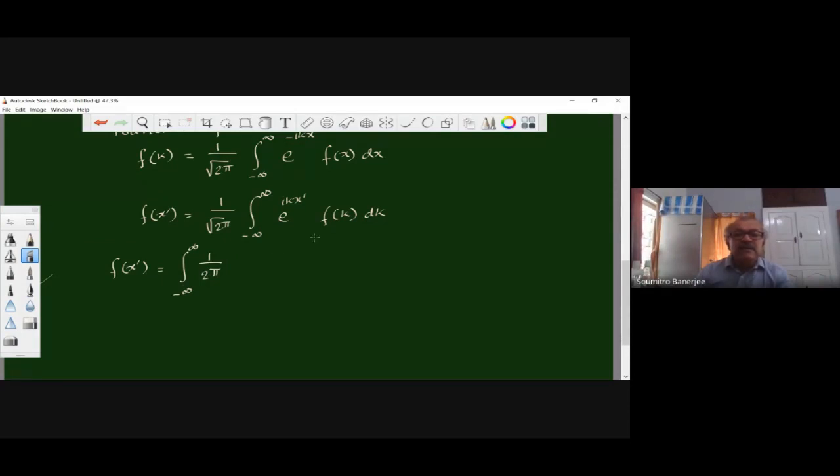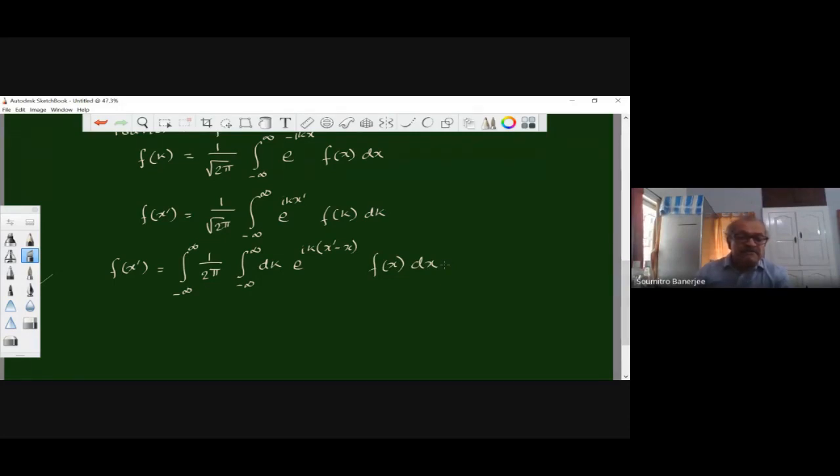Again, in place of this we are substituting, so it will be integral minus infinity to infinity, dk, e to the power, now there will be subtraction in the exponent, so it will be I k x prime minus x, f x dx. Okay.